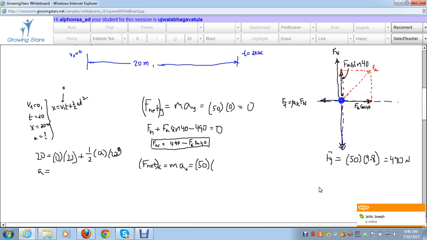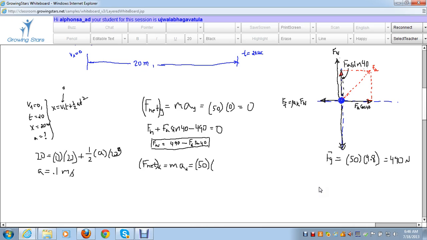So 200a equal to 20, isn't it? So do you get 0.1? Yes, 0.1 meter per second squared. Okay. That's the acceleration required.